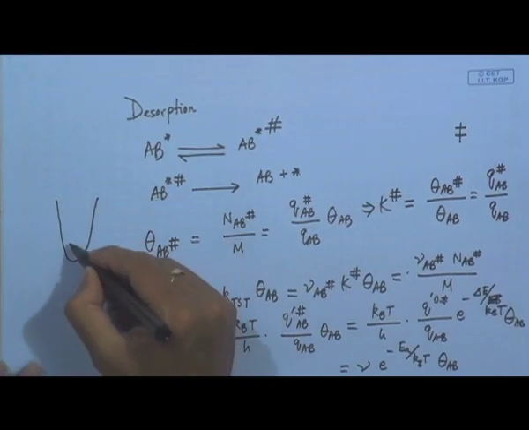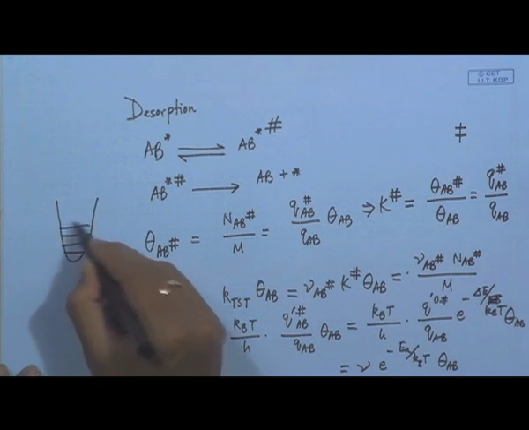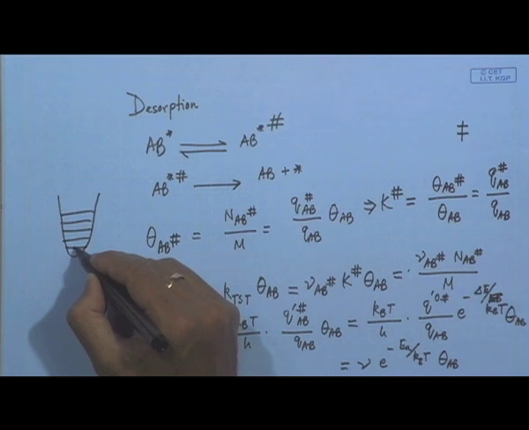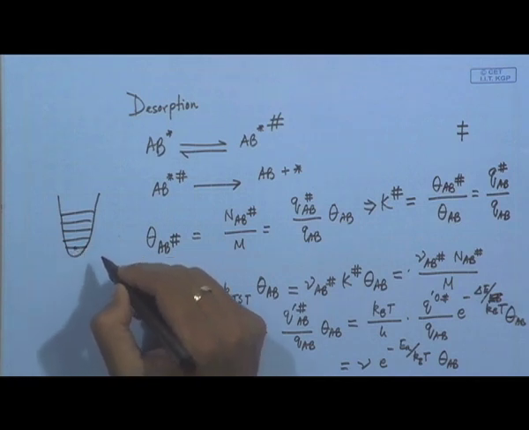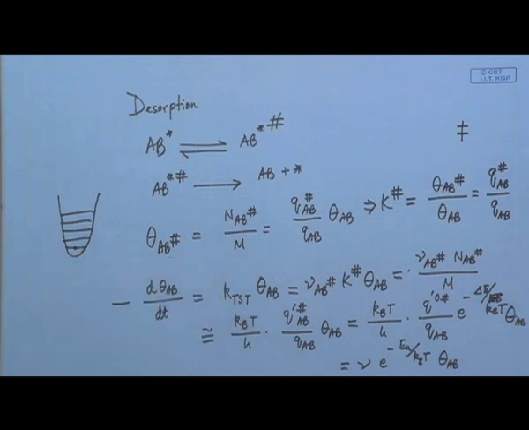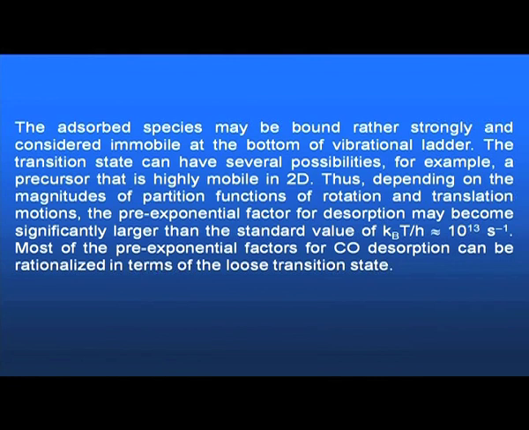Okay. That means if we have this vibrational ladder like this, this is the bottom of the ladder. So here motion is less, that is why it is more or less immobile. The transition state can have several possibilities.